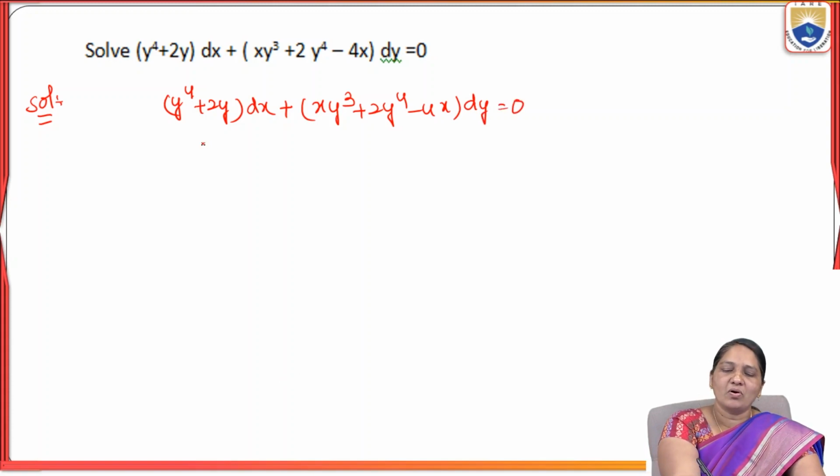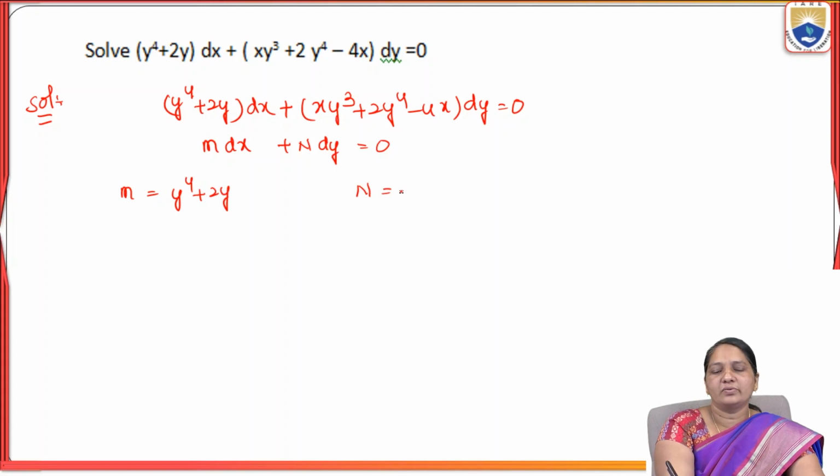This is in the form M dx + N dy = 0. What is the M value? M is y⁴ + 2y. What is the N value? N is xy³ + 2y⁴ − 4x.